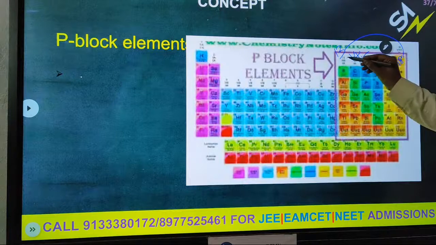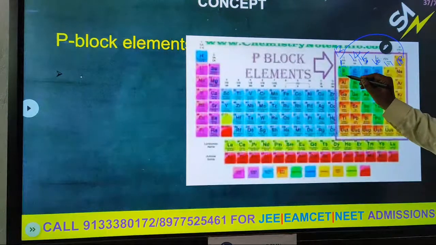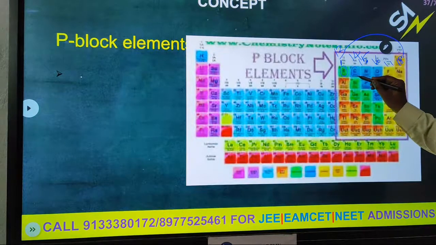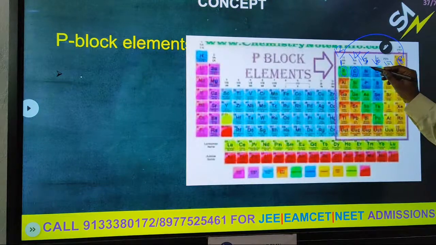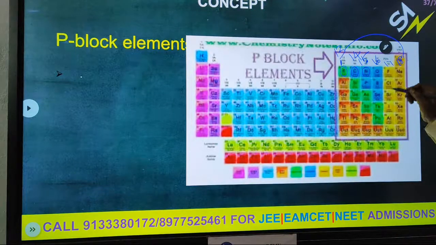In P block elements, the first group is the boron family, second is the carbon family, third is the nitrogen family, fourth is the oxygen family, fifth is the fluorine family, and the last one is the noble gases, the 18th group. So these all are P block elements.